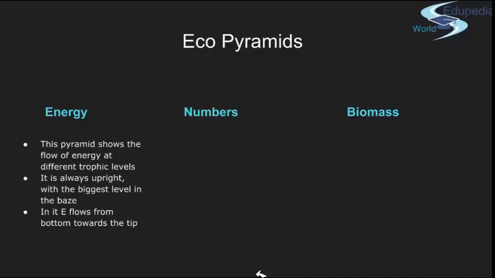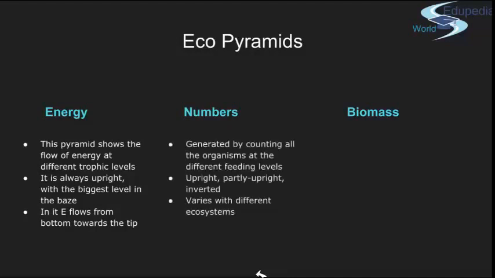Next to the energy pyramid, there can also be a number ecological pyramid, and it's generated by counting all organisms one by one in a certain area or ecosystem. It can be in a standard upright way, but it also can be partly upright or inverted, and the shape of it varies with the ecosystem that needs to be presented.